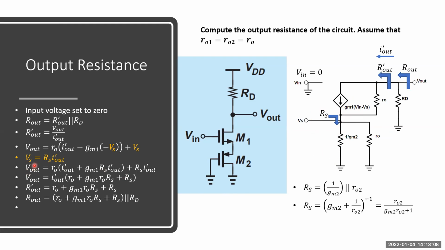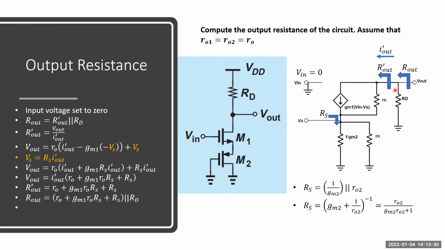Then just plug Vs into the V out expression here. Then take I prime out as a common factor. V out divided by I prime out equals RO plus GM1 RO RS plus RS. This is the R prime out value.